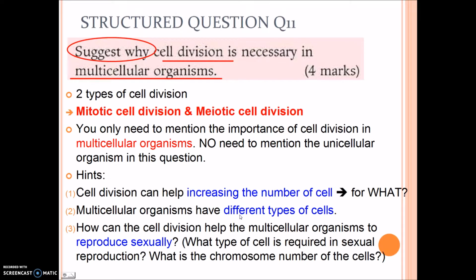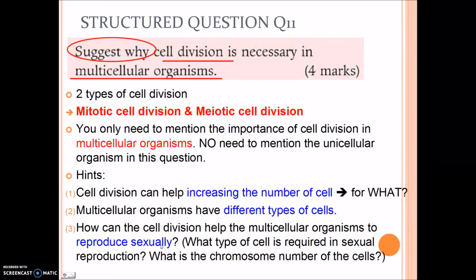In the lesson, I do not only talk about cell division, I also talk about cell differentiation. How is it so important for us? And of course, number 3 is how can cell division help the multicellular organism to reproduce sexually?